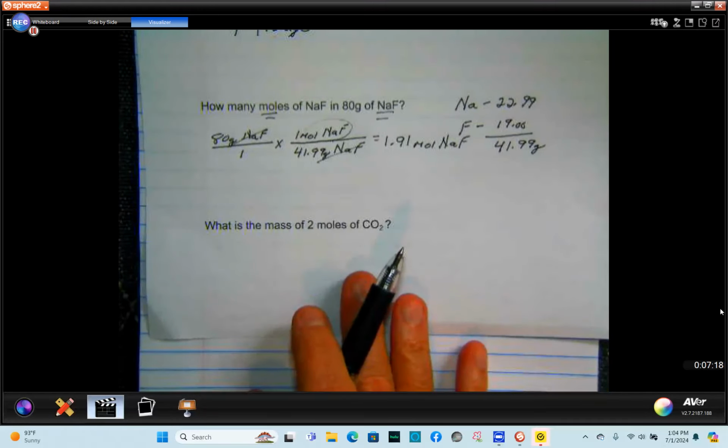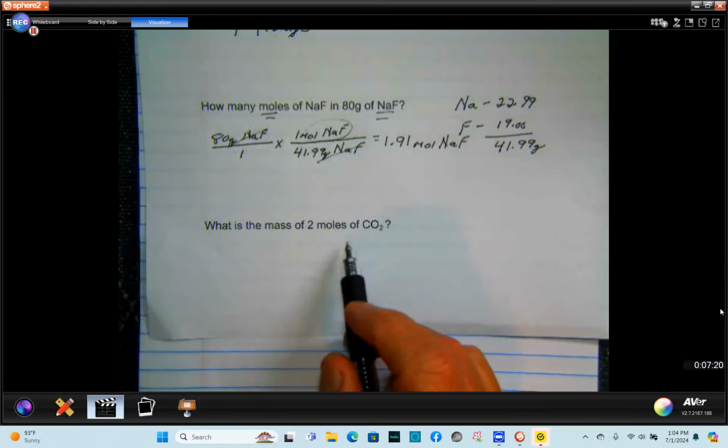And let's do one more here. What is the mass of 2 moles of carbon dioxide? Well, we've seen before, we know that carbon has a mass of 12.01 grams. And oxygen, we actually have 2 oxygens in this.